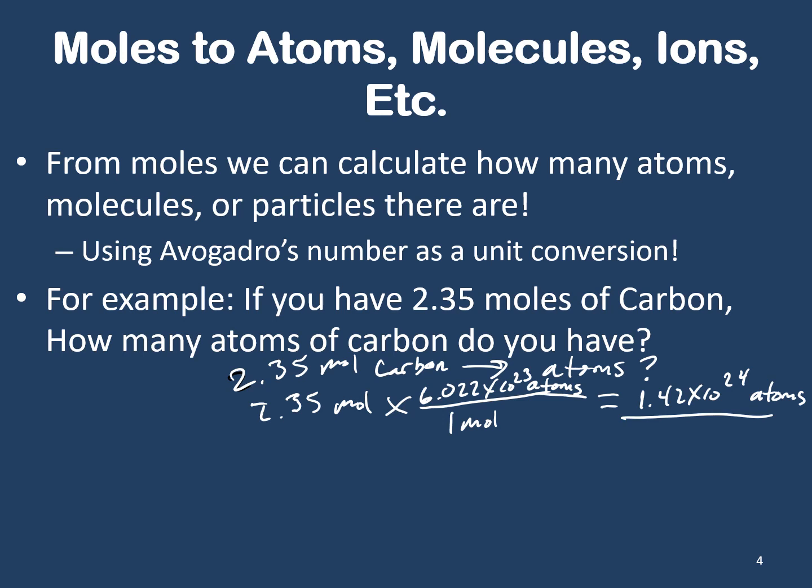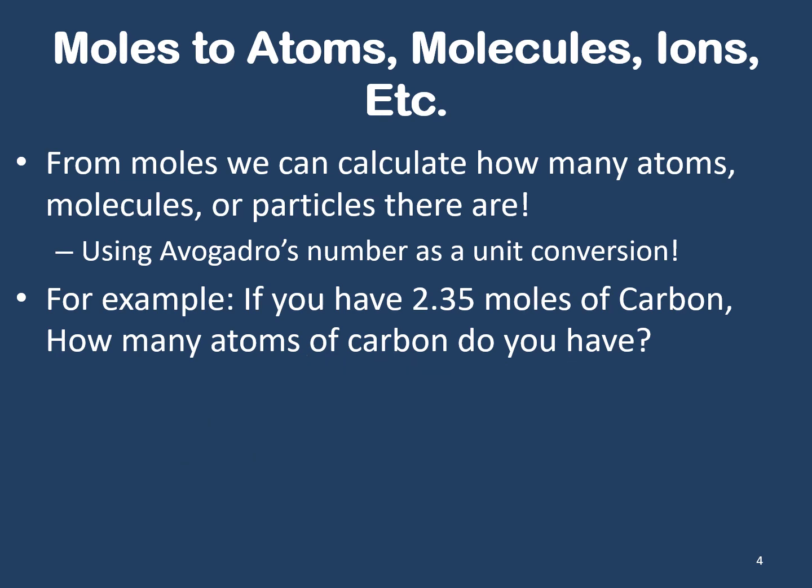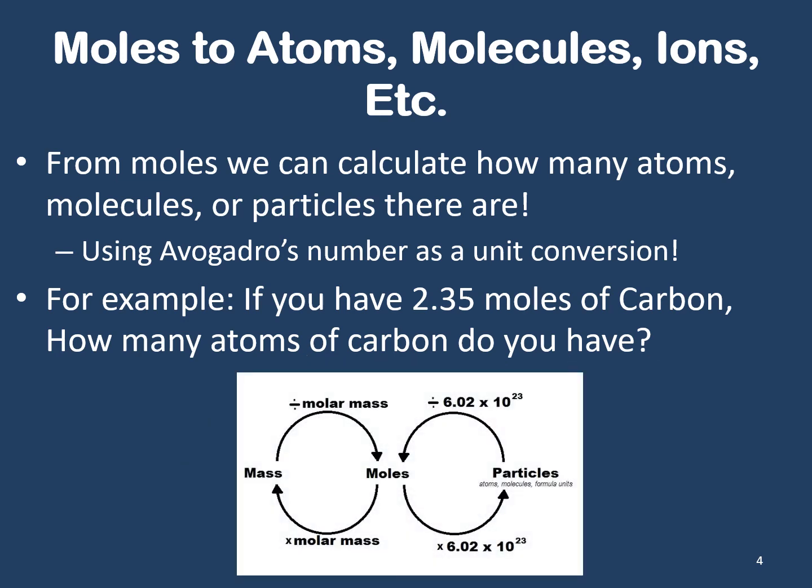If I wanted to, I could go from atoms back to moles and then use molar mass to get to grams, or vice versa. So I'm going to show you a little bit of a picture image to demonstrate that. So here's a good infographic to show how to do this, right? If I have mass and I want to get to moles, then I have to divide by molar mass.